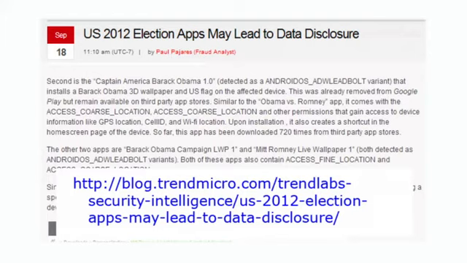detection, but basically it installs a 3D wallpaper and a U.S. flag on the device, and it also references the location information. So it can get GPS location, cell ID information, Wi-Fi location information, things like that.